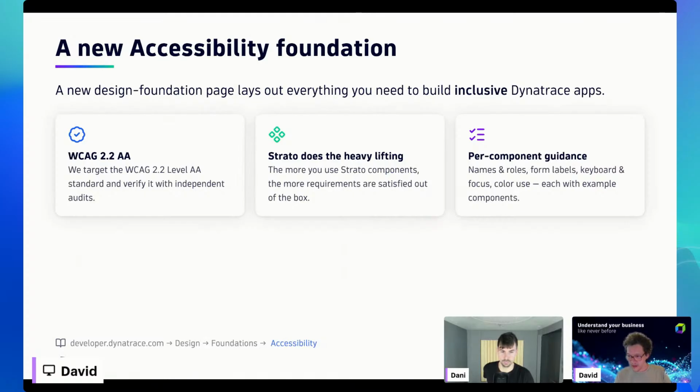Strato, the design library that we're using to build our Dynatrace apps, does most of it anyway for you already, but still, things like a form label, a button label, and so on. It makes sense to think about this. What is a good description? Set the correct aria label and help everyone that's using your app.